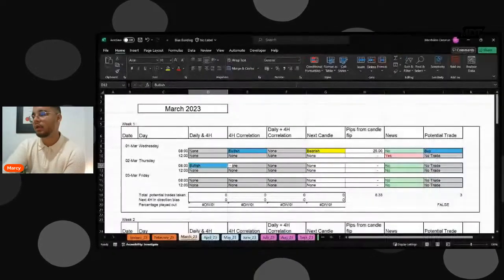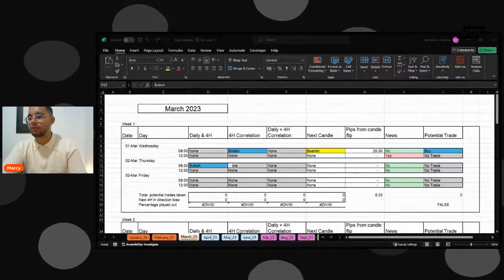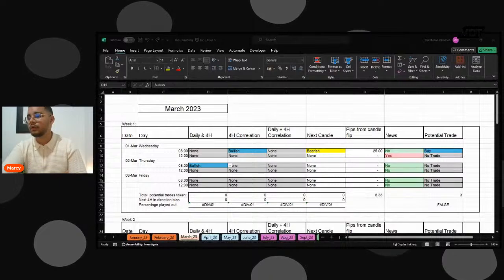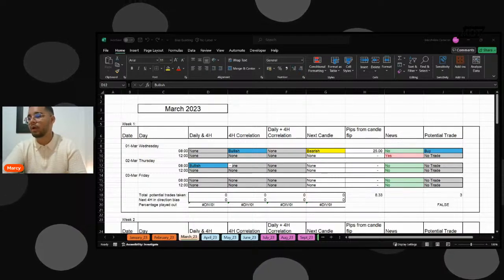And then we're going to go across all pairs and see what happens. Let's see. So bearish, bullish, bullish, bullish, and we need one more bullish close.